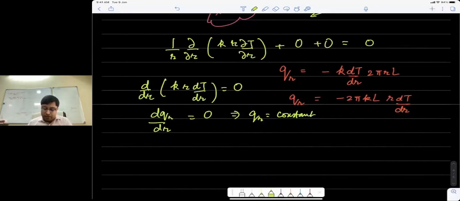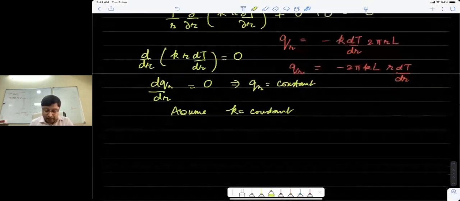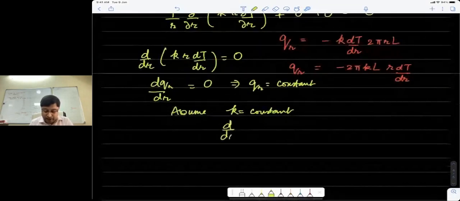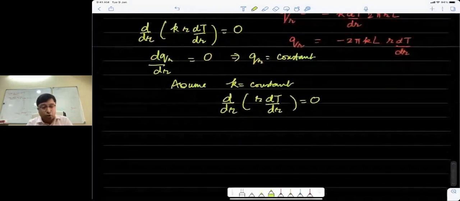So how do we solve this problem now? Of course qr is constant, but we don't know its value. So we can use this differential equation, and I will assume k to be constant. So we'll have d by dr of r dT dr is 0, and it's easy to see what type of solution will satisfy this equation.